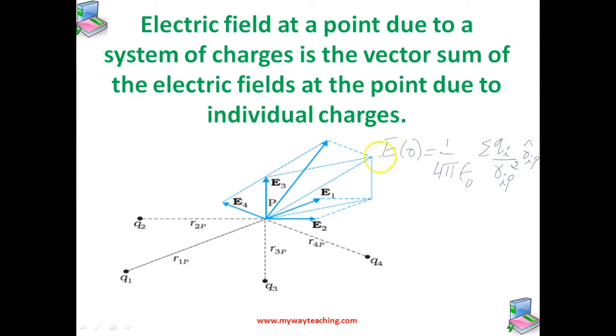And here E is a vector quantity and it varies from one point to another point in space. And it is always determined from the position of the source charges.